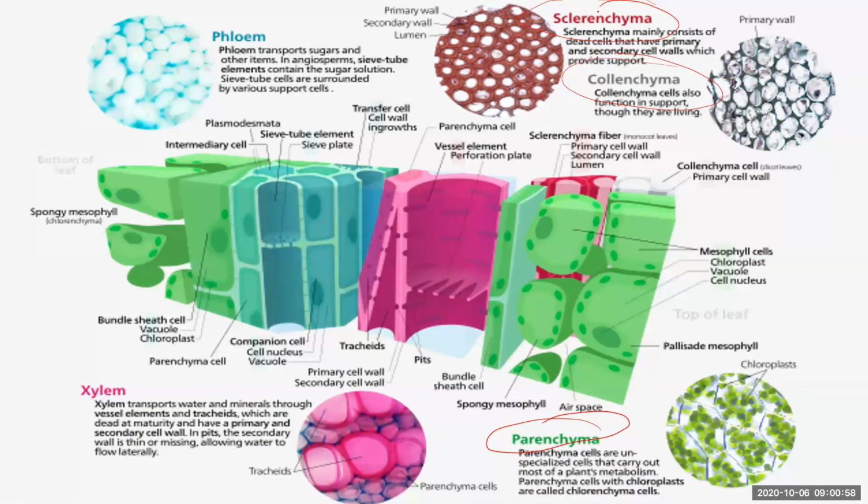The green are usually the parenchymal cells, the transparent or white are the collenchyma, while the red are the sclerenchymal cells. Then the pinkish color is the xylem, and the blue-green color is the phloem. This is the phloem, and this is the xylem.